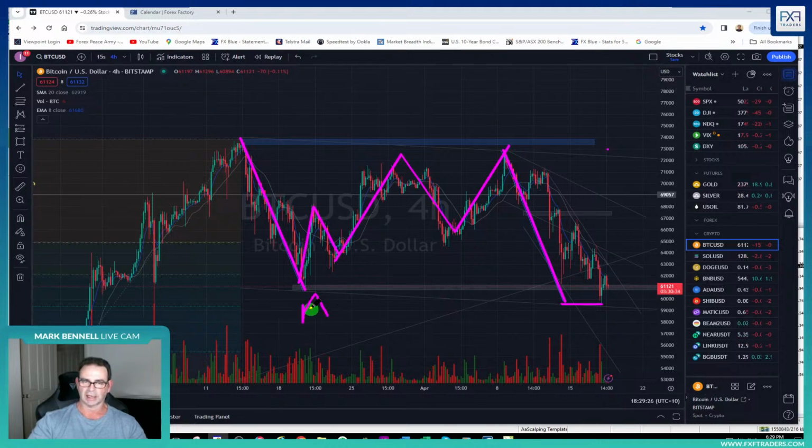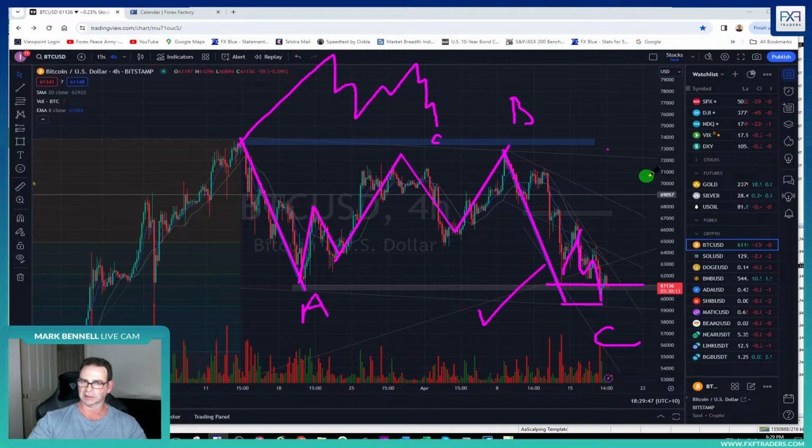So this is A, this is B, and this is C of the flat corrective. Remember we did this? 3 waves down, 3 waves up, 5 down into C. Remember I said 5 hadn't been done here into C, and I said I was expecting another leg lower. That's exactly what we got.